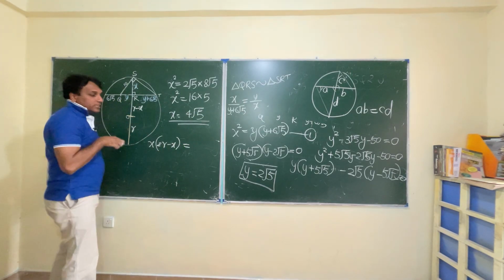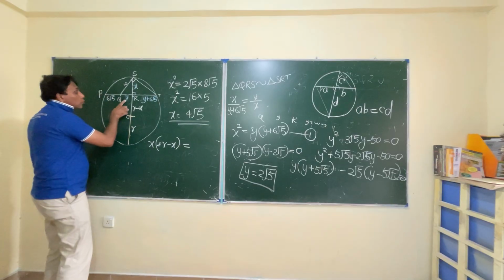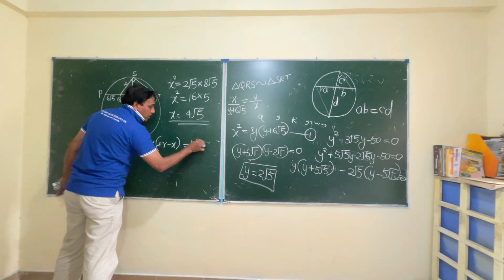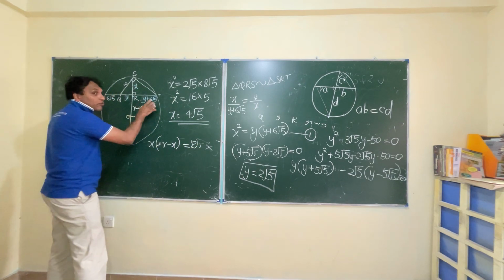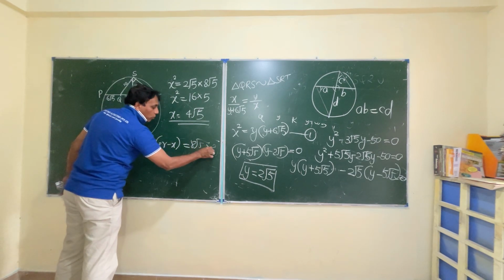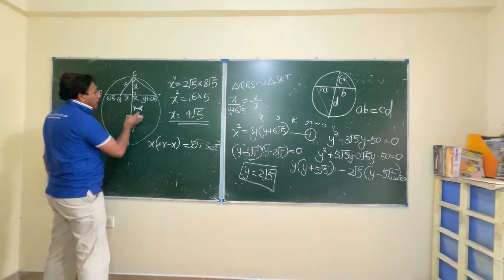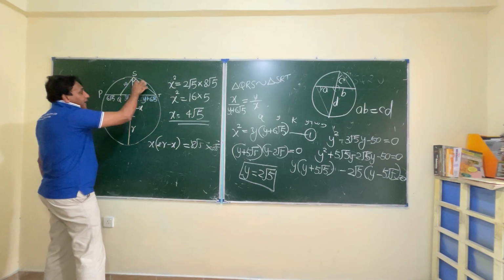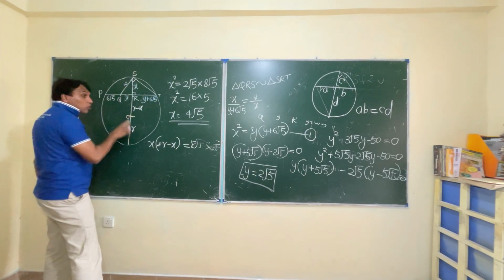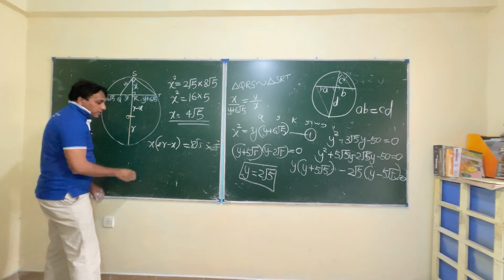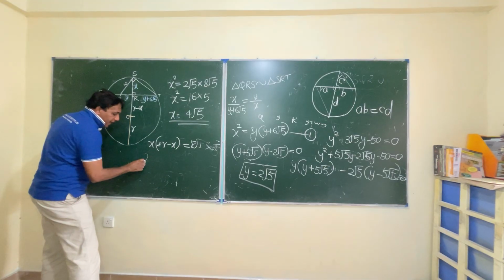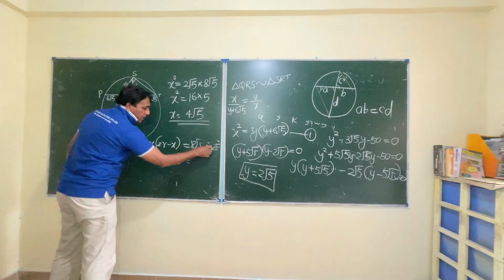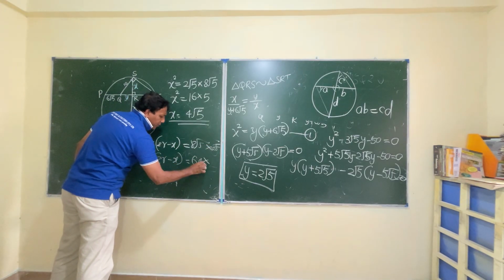You know the y answer: 2 root 5, 2 root 5, so 8 root 5. Once again 8 root 5, because the perpendicular bisects the chord. Refer to the chord theorem. Therefore X into 2R minus X equals 64 into 5.